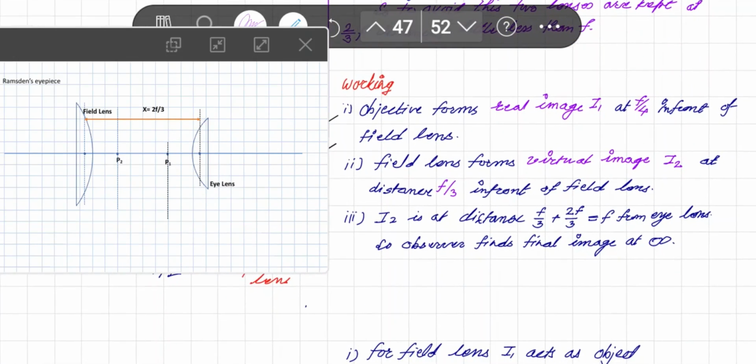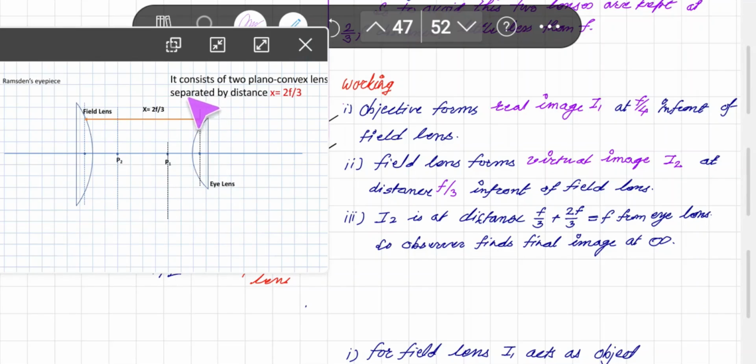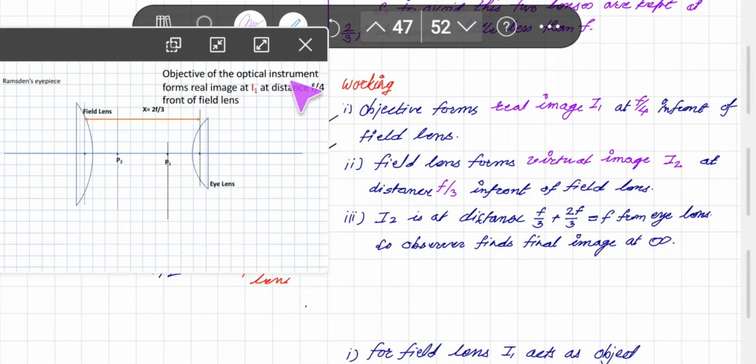Now let us talk about the working of this Ramsden's eyepiece. Here we saw there are two plano-convex lenses having equal focal length and separated by a distance 2f/3. The objective of an optical instrument forms a real image I1 at a distance f/4 in front of the field lens. We already saw that the original image after passing through the objective forms a real and inverted image, and that is I1.